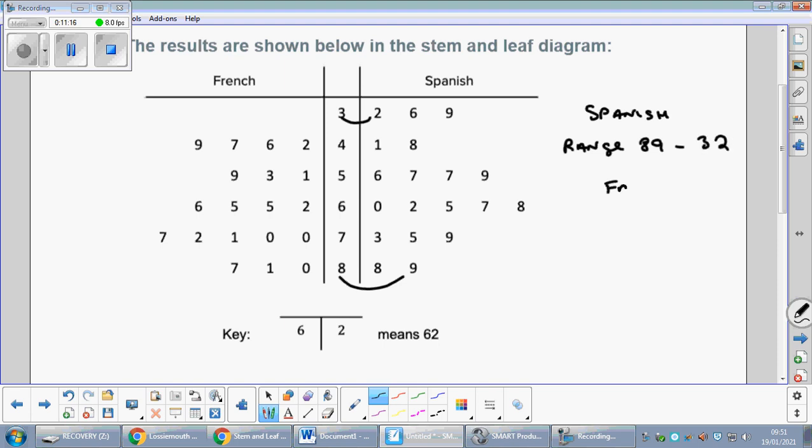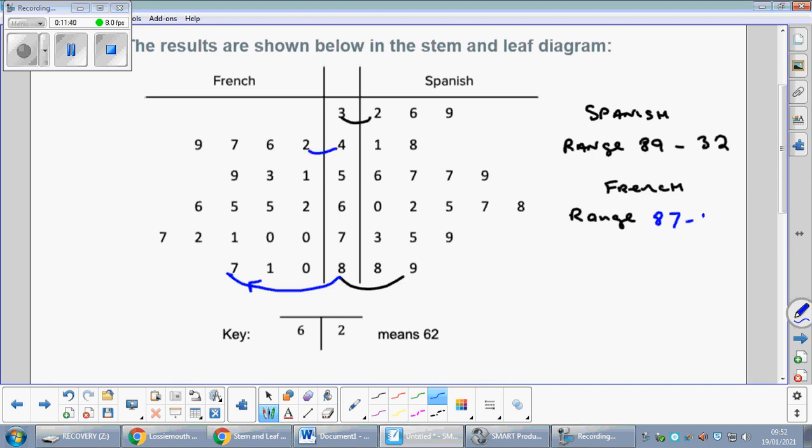And French, the range would be, where's their highest one? Let's do it in a different colour. It would be 87. Remember, we went back the way here. 87. And their smallest one would be 42.